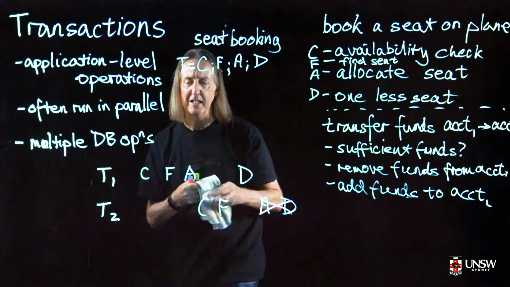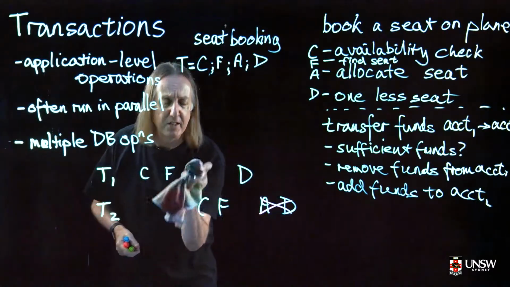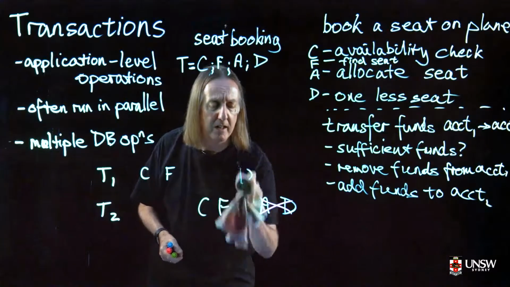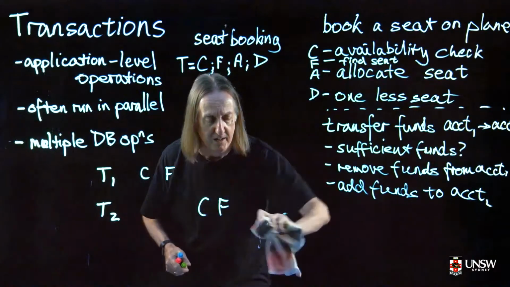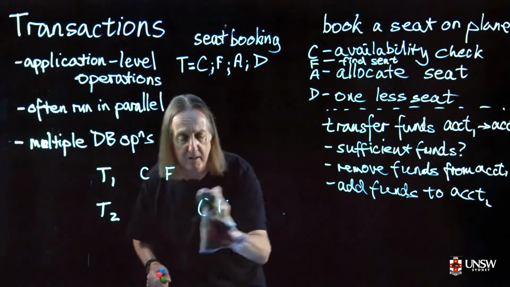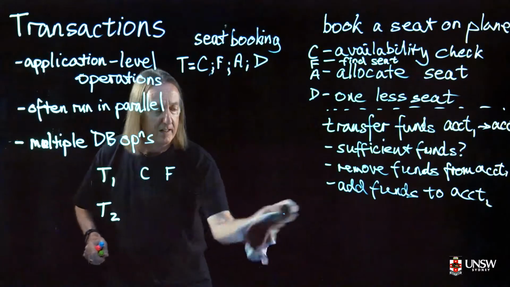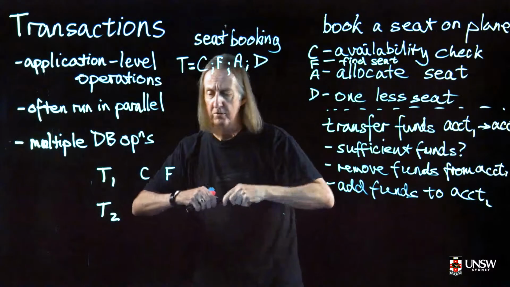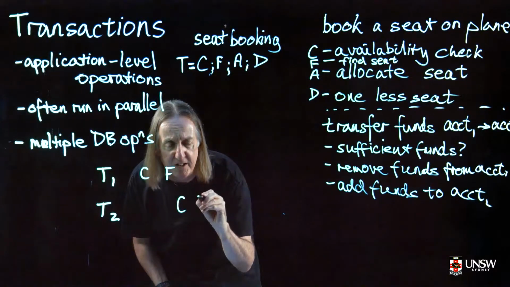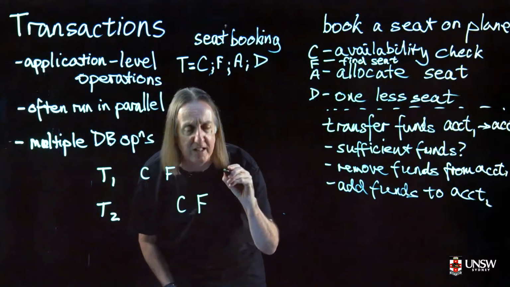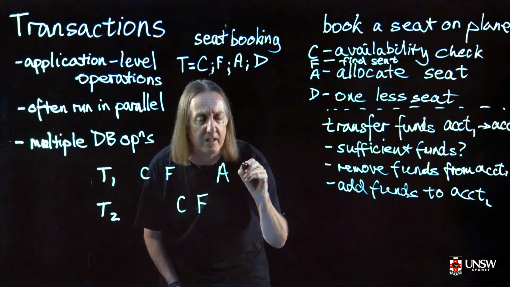Okay, so let's take a look at what happens with a slightly different order of operations. So I'll rub them off. Okay, so T1 checks and finds an empty seat. T2 checks and finds an empty seat.